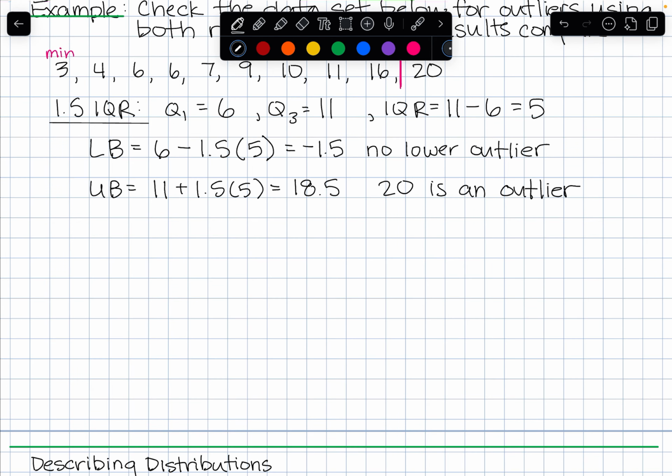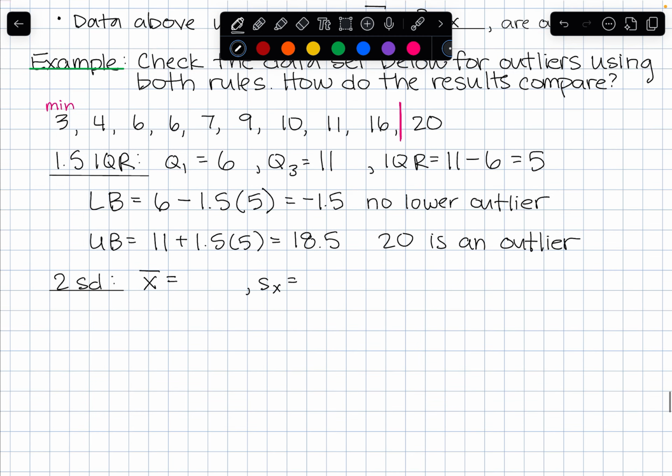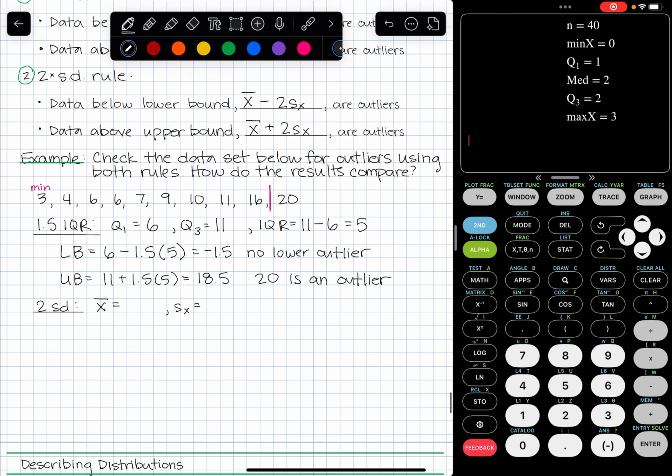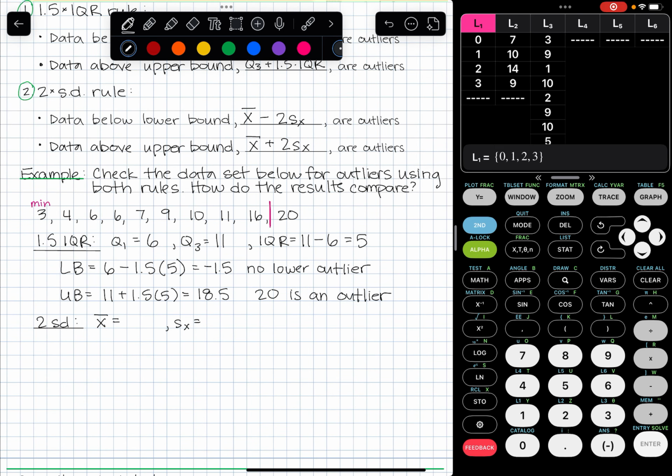We're going to repeat this now for the 2 standard deviation rule. So for the 2 standard deviation rule, I need my mean and I need my standard deviation, Sx. So we're going to go ahead and use our calculator to find those summary statistics. So I'm going to go stat, enter. I'm going to clear out that first list, clear, enter. And I'm just going to type those data values.